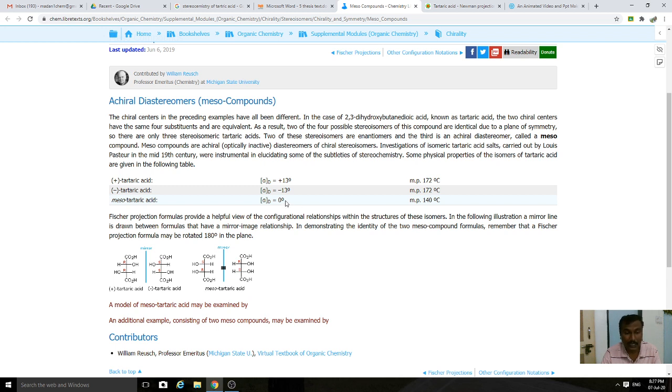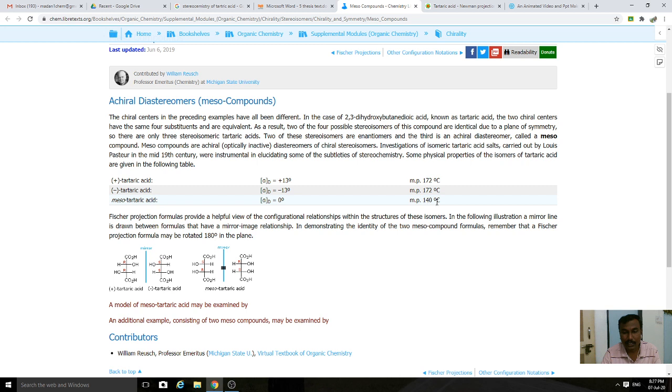Due to internal compensation, half of the molecule of the meso form rotates the plane polarized light towards the right, in the clockwise direction, and the other half rotates it towards the left, anti-clockwise. So the resultant angle of rotation is zero, that's why it is an achiral molecule.